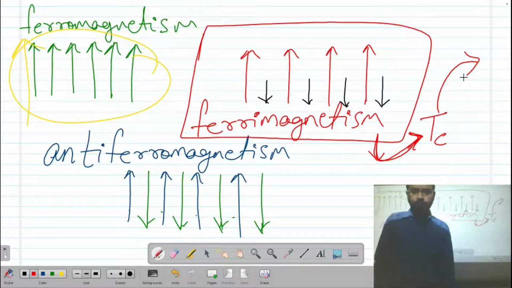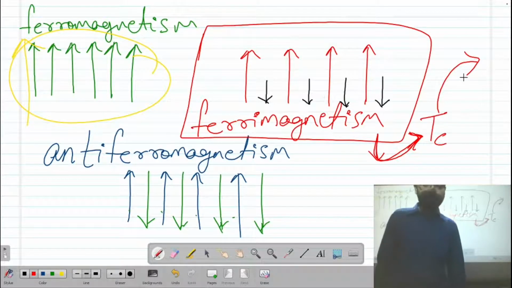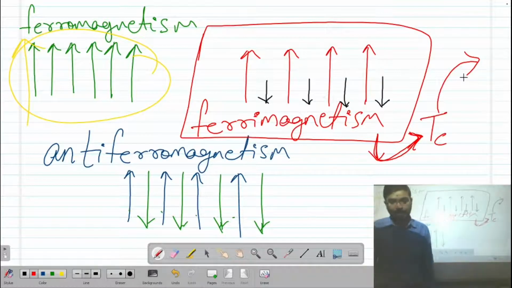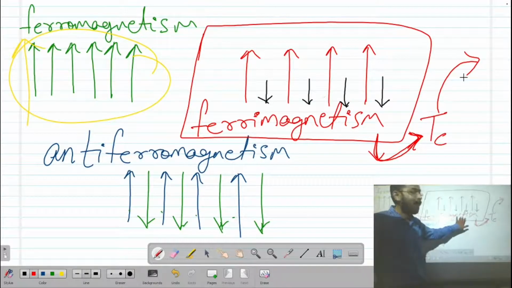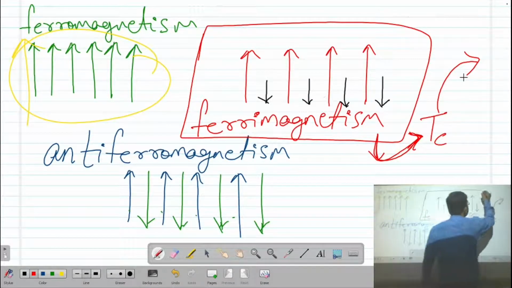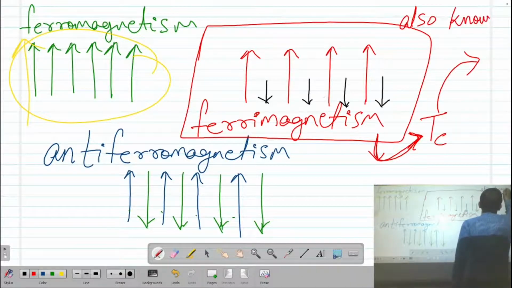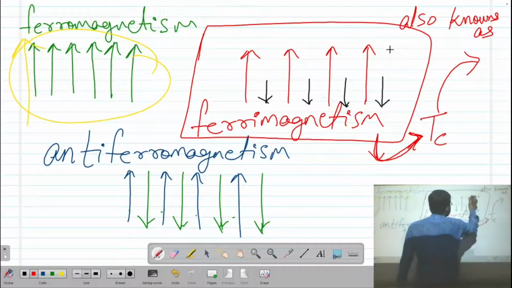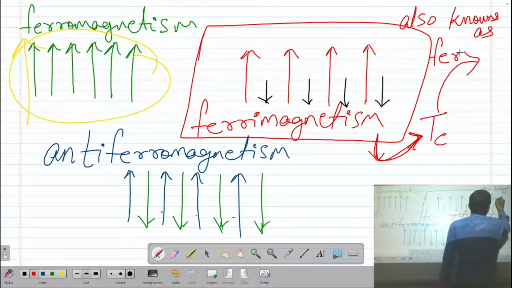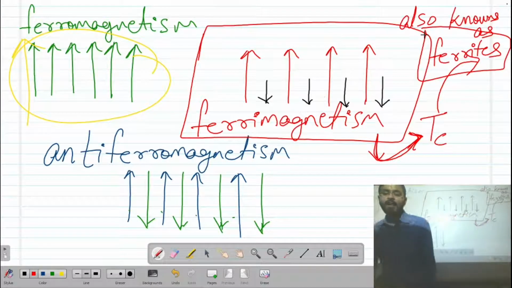Now let us see ferrimagnetic materials and their properties. These ferrimagnetic materials are also known as ferrites, right?